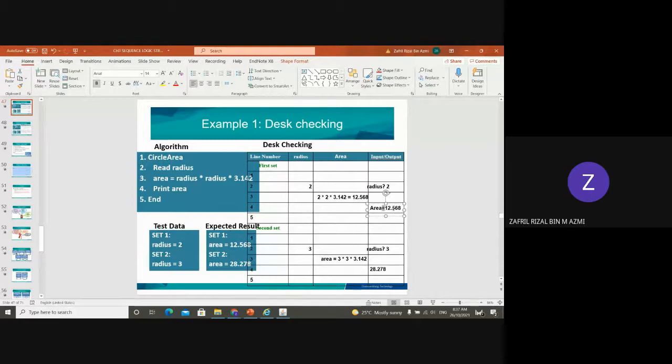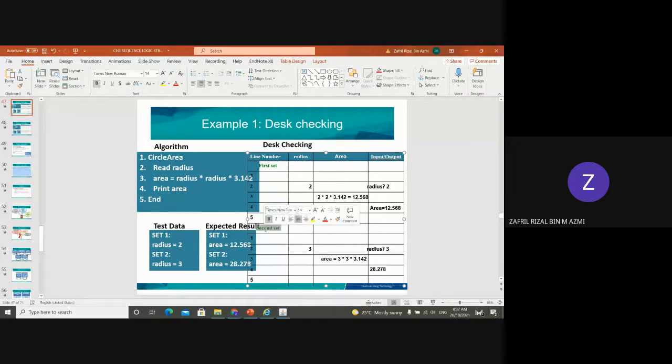So you see the difference between input and output? Input has this symbol, output uses this symbol. That's how we differentiate. Now you can see that over here we have the first set and second set.